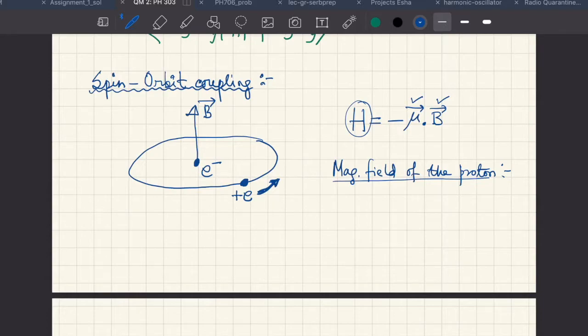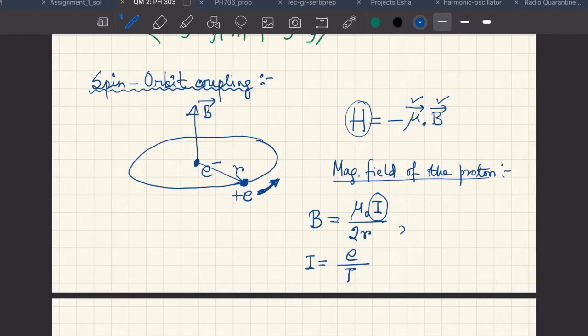If the distance between the electron and the proton is r, then the magnetic field will be given by mu naught times I divided by 2r. Now what is your effective current I? This I is being created because a positive charge is circling around, so it should be the proton charge divided by the time period of the orbit.